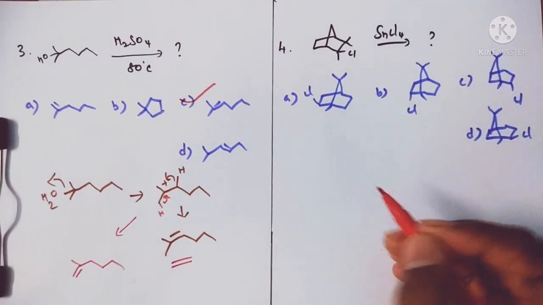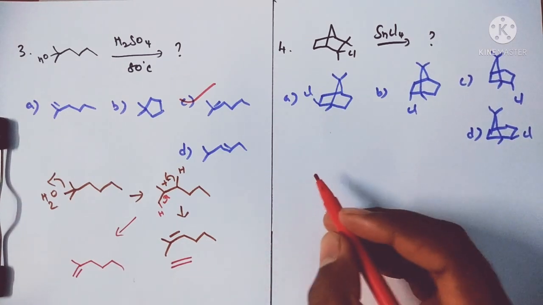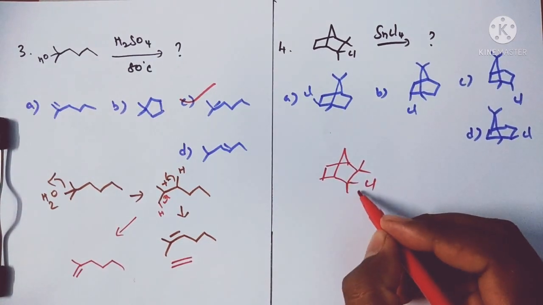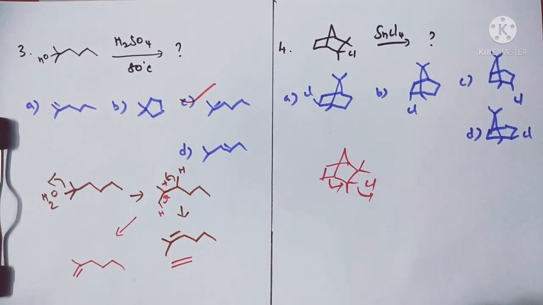If you look at this example, what is the product? Elimination of chlorine, then the methyl shift.